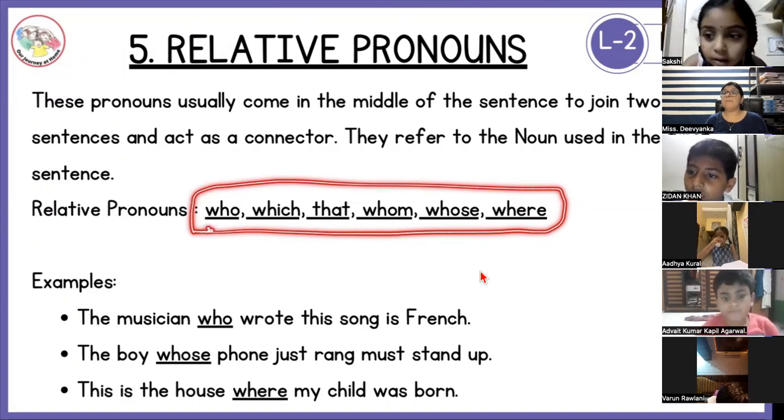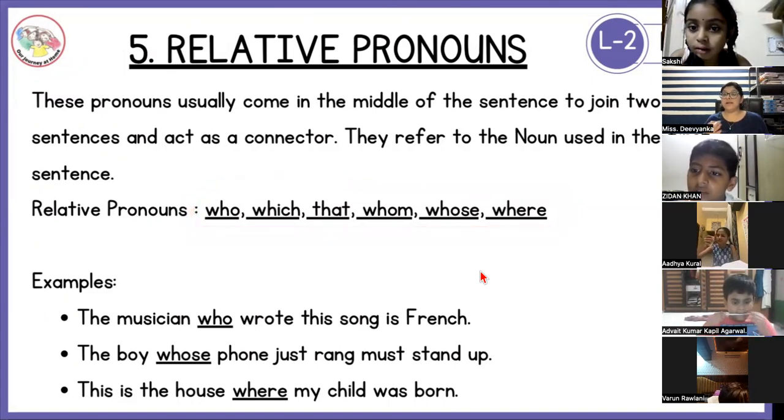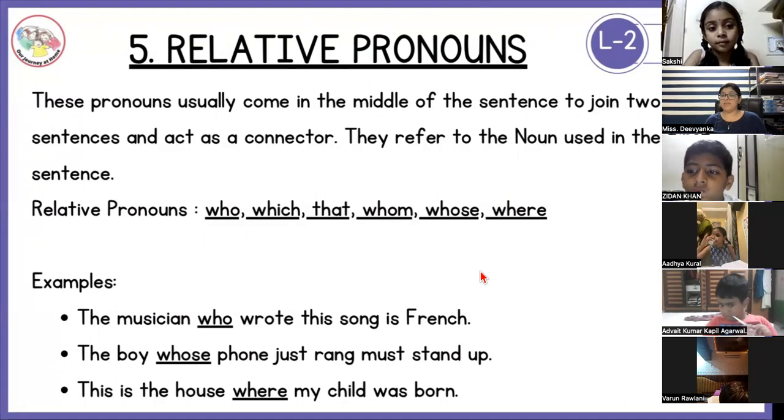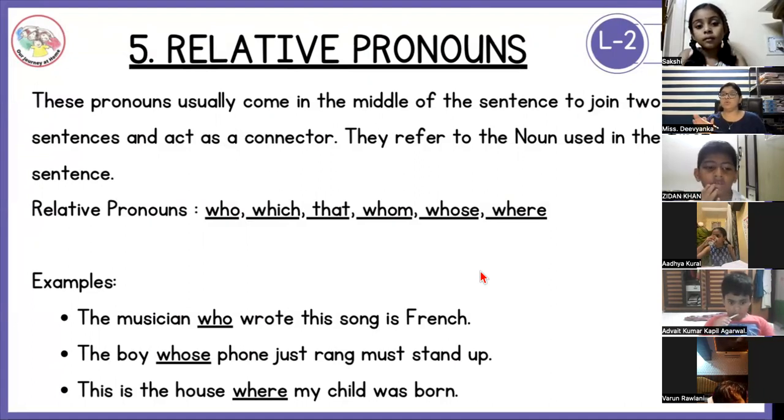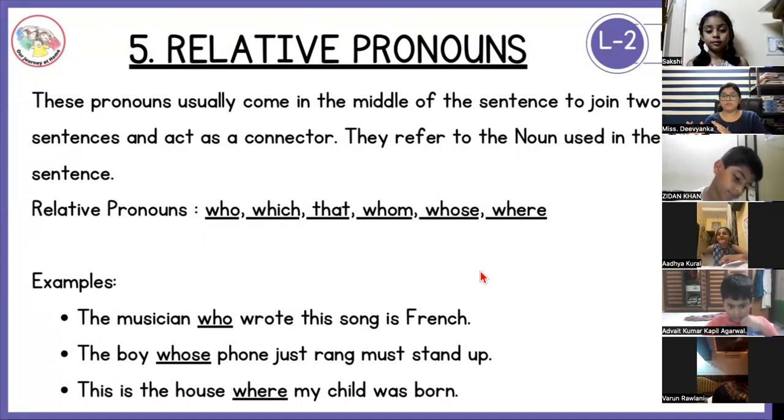So basically, again, the question words have come here, right? But in this case, in relative pronouns, when they are used as relative pronouns, we are not using them to question anything. Instead, we are using them to connect one part of the sentence to the other part of the sentence.